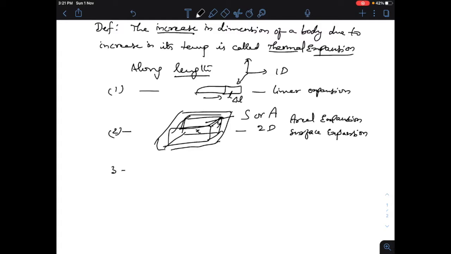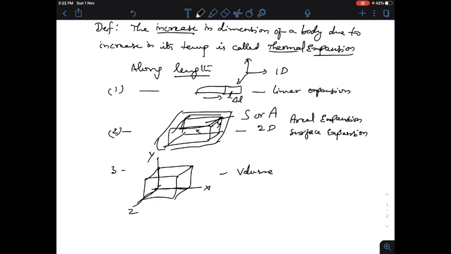And the third one is, suppose you consider increase in length thrice, that means along x, along y and along z. That means volume, entire volume.